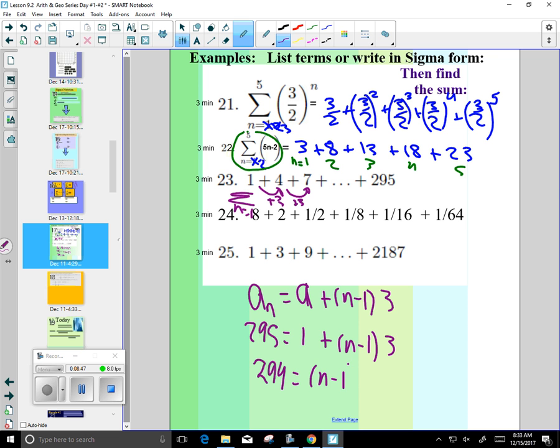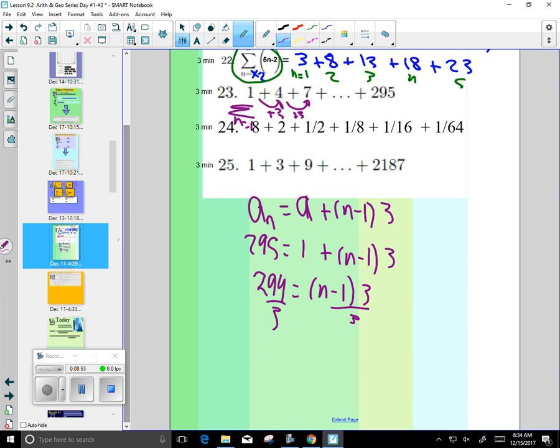And you get n minus 1 times 3. Divide it by 3. And you're going to get, oh, I can do this, 98. N minus 1. So then n is going to be 99.